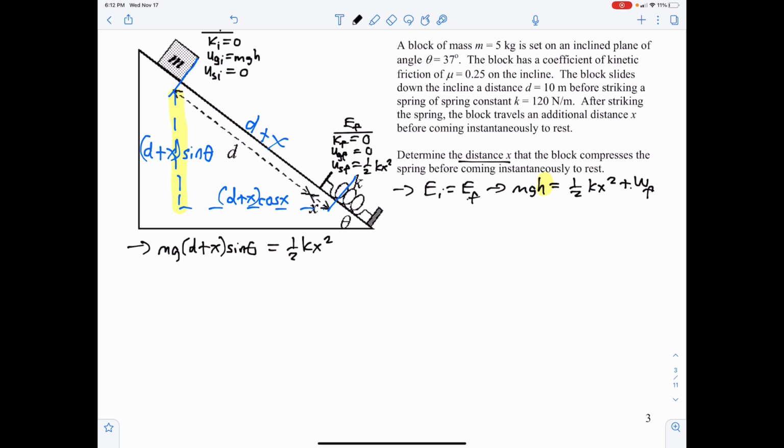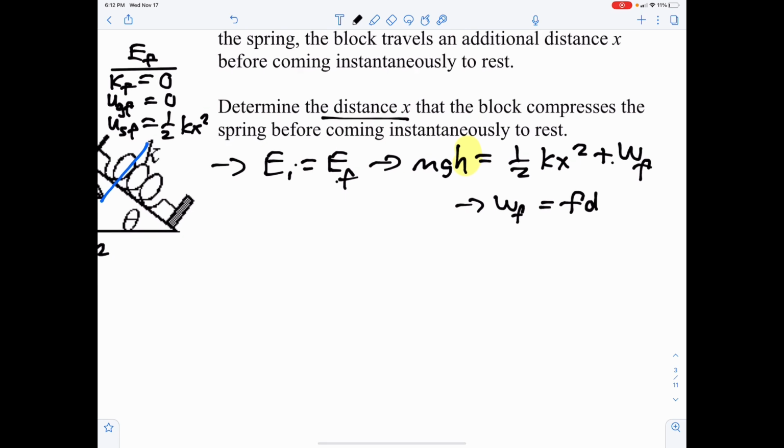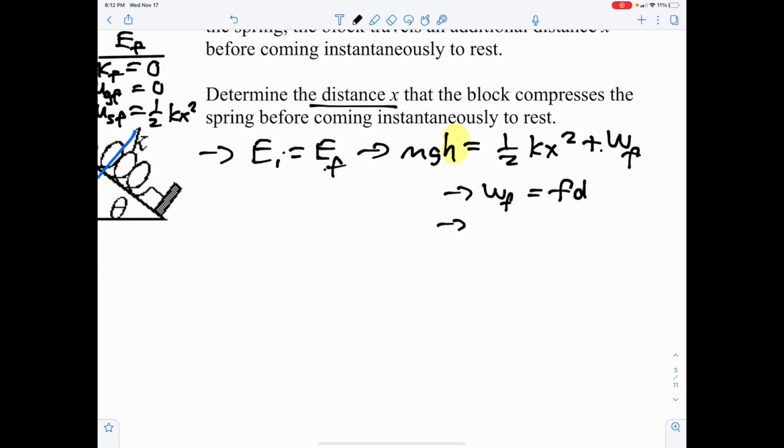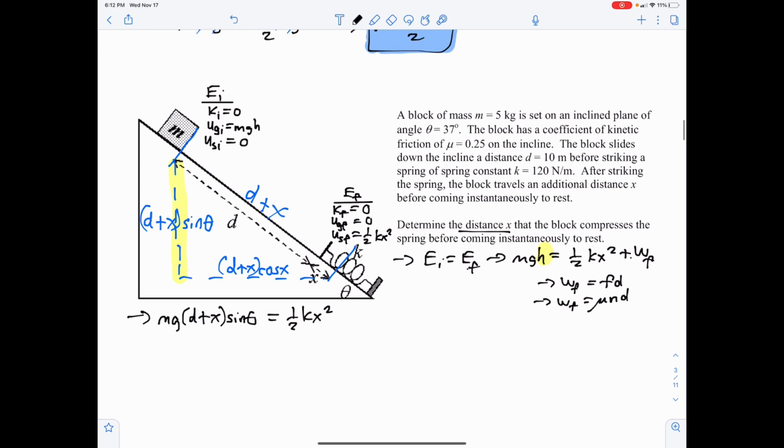Well, the work done by friction is equal to the friction force times the distance you slide it. And friction, just so that we can follow the substitution here, is equal to mu times the normal force times the distance.